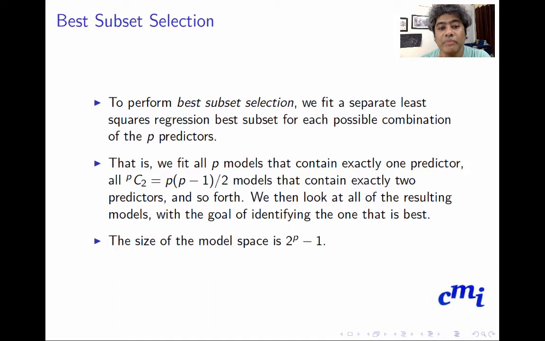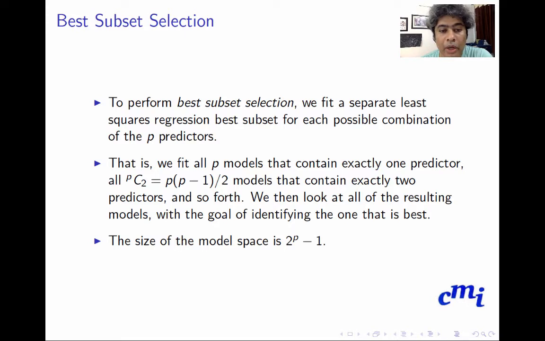That is, we fit p models containing exactly one predictor, then all p choose 2, that is p times (p minus 1) by 2, models that contain exactly two predictors. Then we can fit all models that have three predictors, all possible combinations, and we can keep doing it.